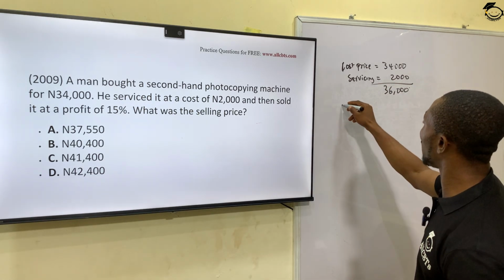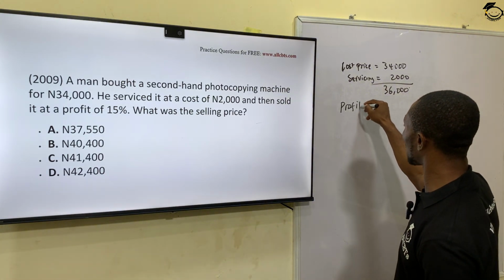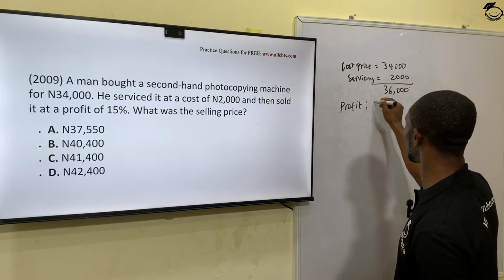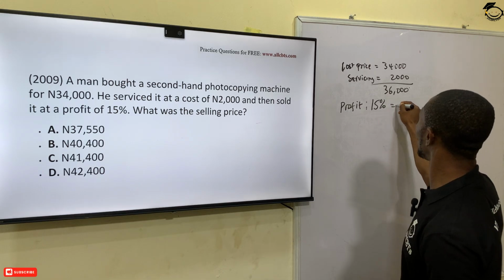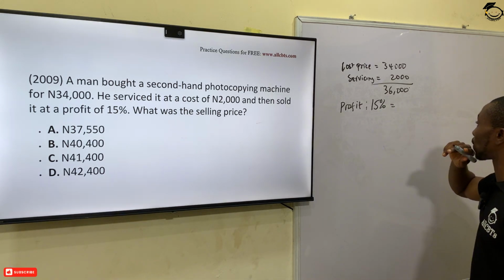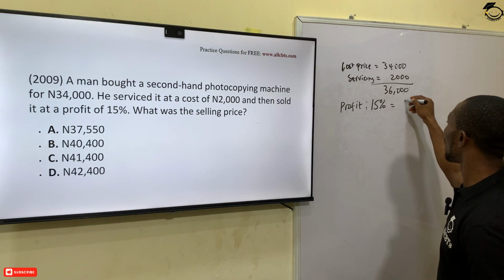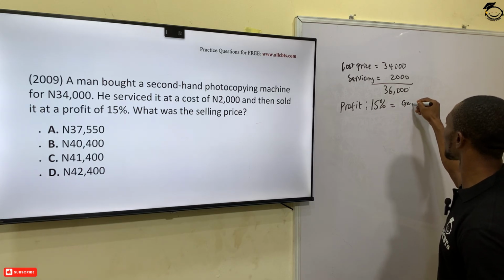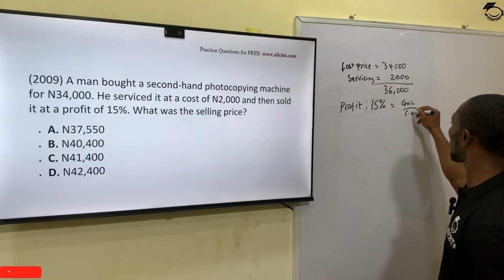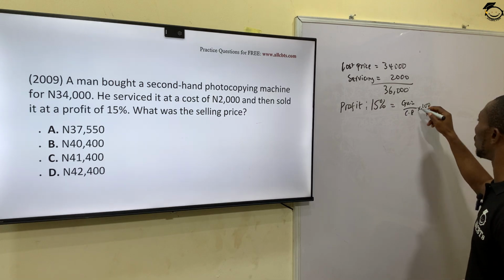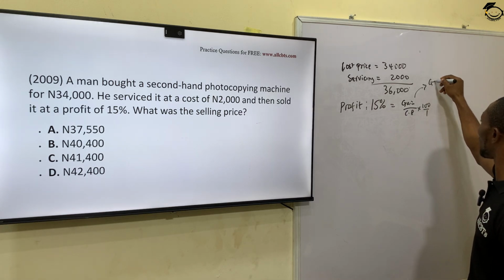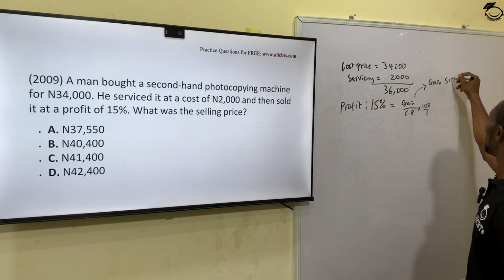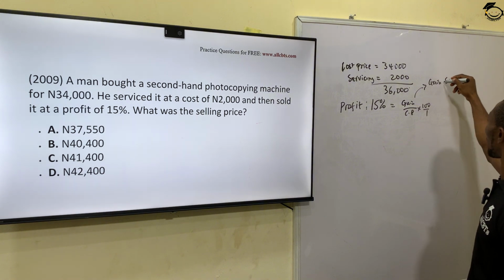Now, he sold at 15% profit, and we know that our profit percentage is gain all over cost price times 100 over 1. But for gain, we have gain as selling price minus cost price.